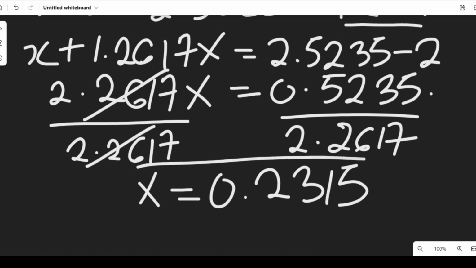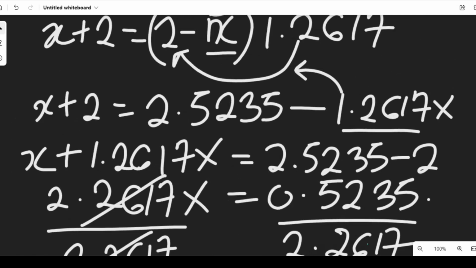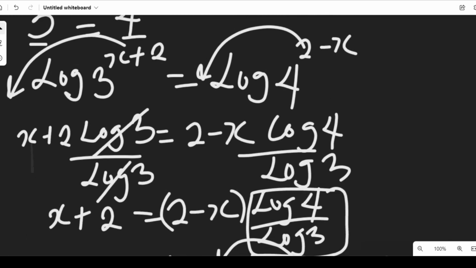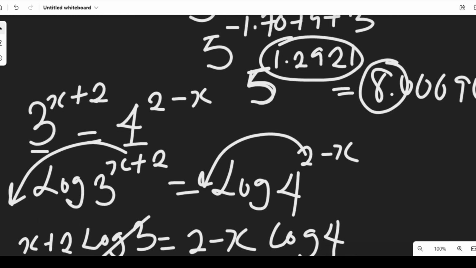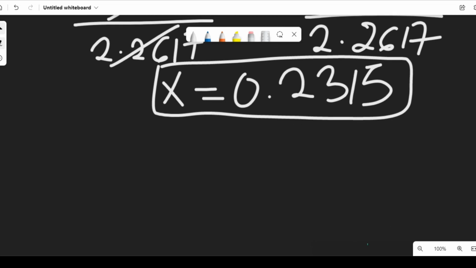And if you substitute this value into the initial equation, you are going to find out that this is the real value of x. So this shows you that we can truly solve exponents when they have different bases.